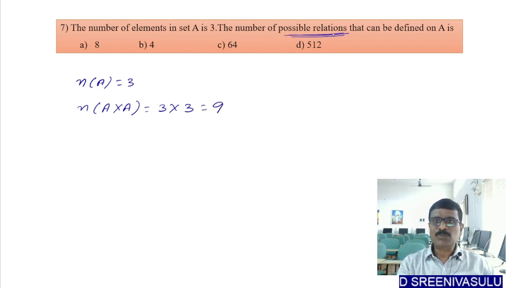The number of possible relations means possible subsets. Possible subsets is equal to 2 to the power of 9, which is equal to 512. Therefore, the number of possible relations is 512. Otherwise, you may use the direct formula 2 to the power of n square. This is 2 to the power of 9, equal to 512.